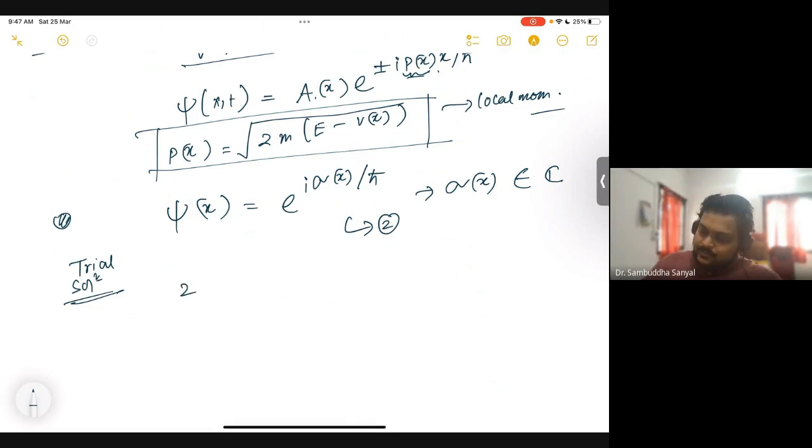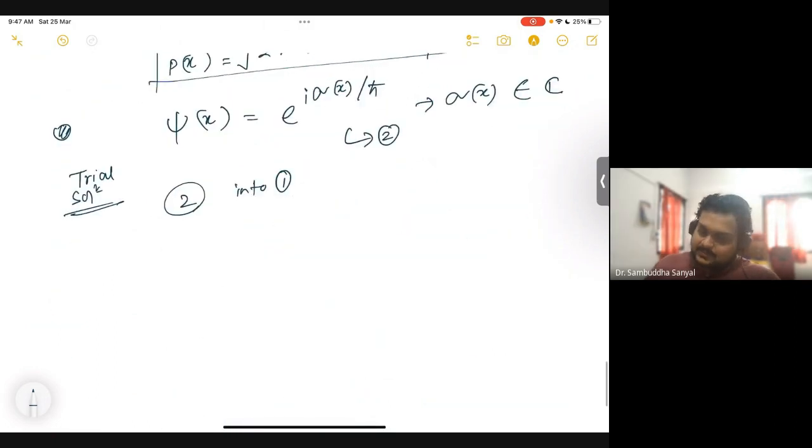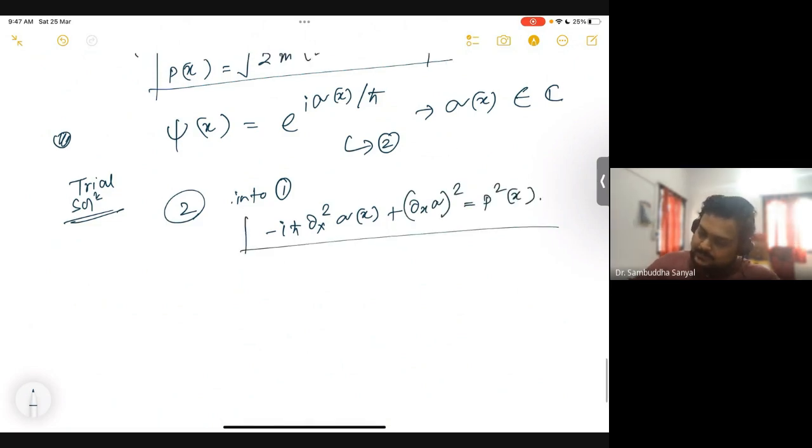Now plug 2 into 1. So 2 into 1 means plug this into the Schrodinger equation. And what you get is basically this.